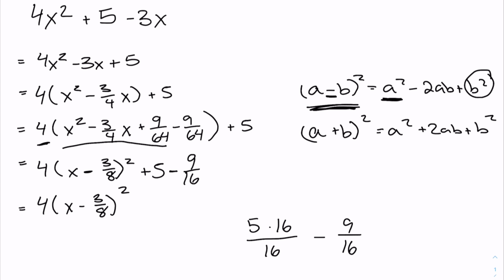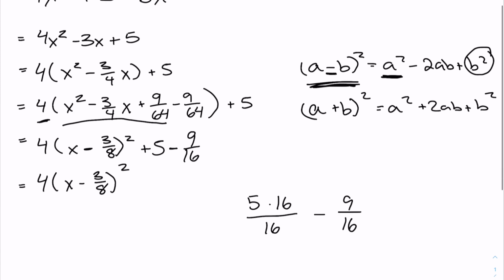So multiplying by a 1-to-1 ratio, like 16 over 16, changes the appearance, but it doesn't change this value here because they divide right out. Just like how up here, we added a number but subtracted that same number, both inside the bracket, so that it changes the appearance, so that we can do this, but it doesn't change the value overall.